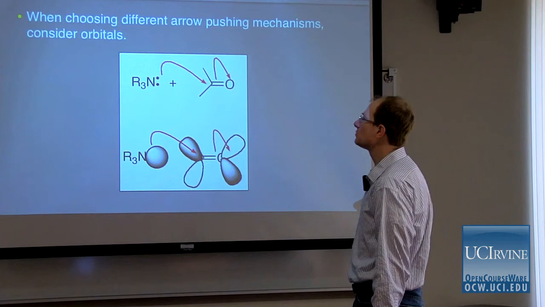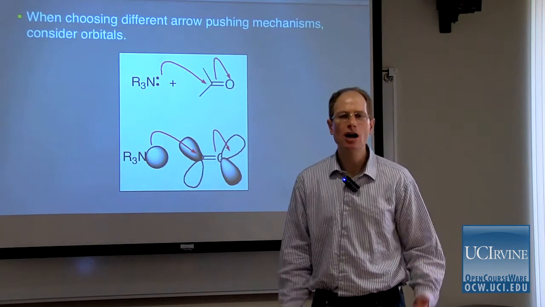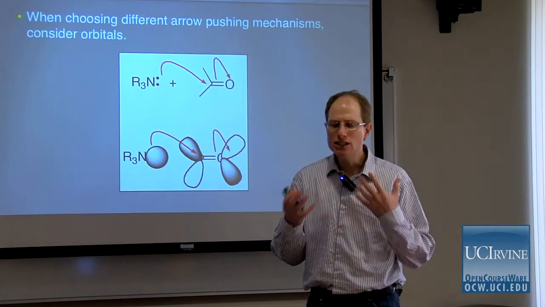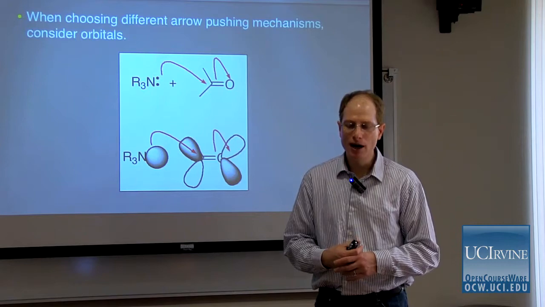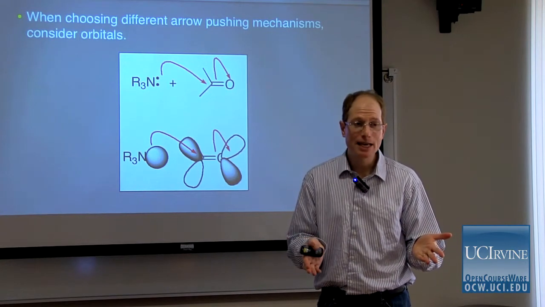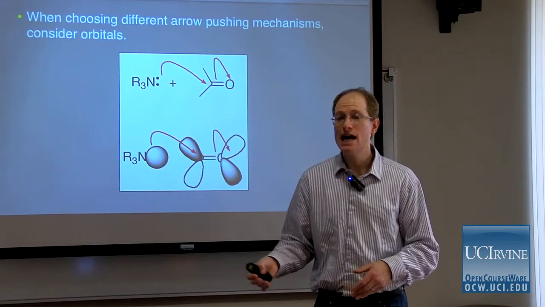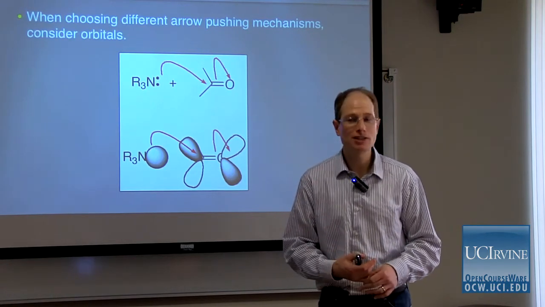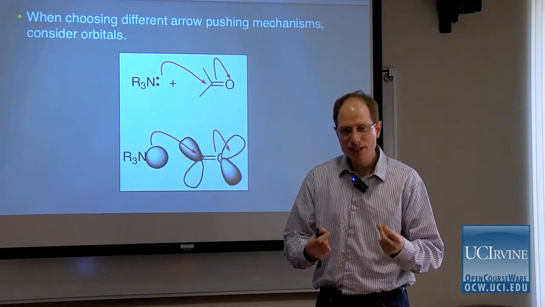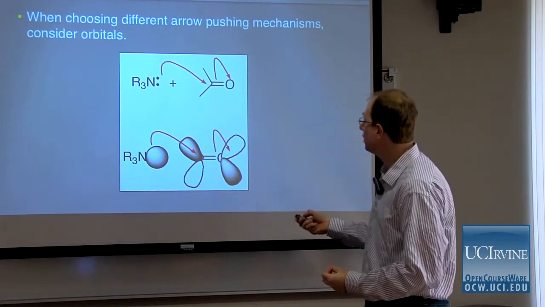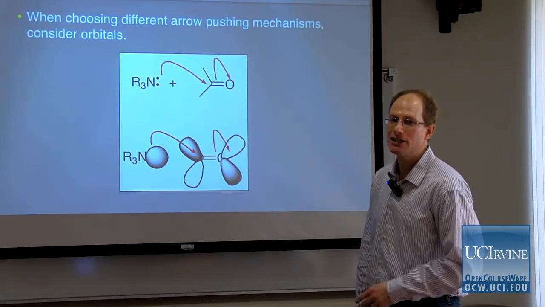Now, the real challenge for us comes from the fact that the molecules that we talk about in biology oftentimes have multiple functional groups. It's not atypical for a biomolecule to have, say, hundreds, if not thousands of carbonyls, or to have thousands upon thousands of different lone pairs. So the real challenge is for us to figure out which of those lone pairs and which of these carbonyls is actually going to engage in a reaction.